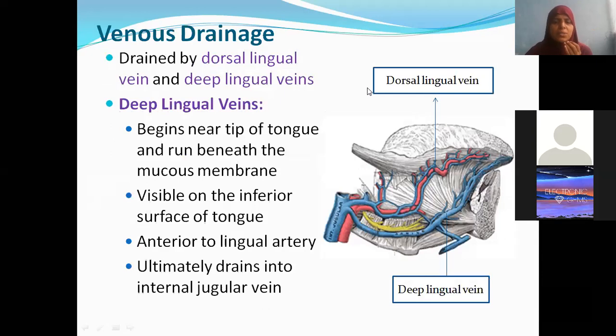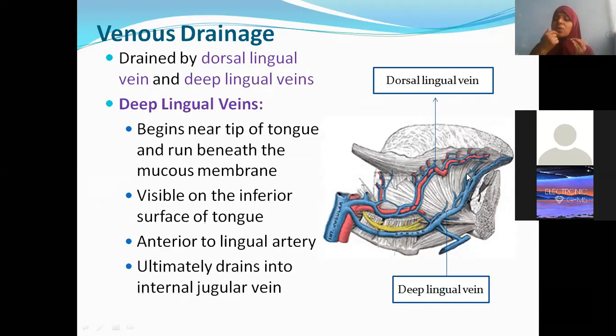Venous drainage. We know what venae comitantes are, isn't it? If an artery is accompanied by two veins on either side, we use the word venae comitantes. So venous drainage is by the dorsal lingual vein and deep lingual vein. The deep lingual vein is the lower one, which begins near the tip of the tongue and runs beneath the mucous membrane.